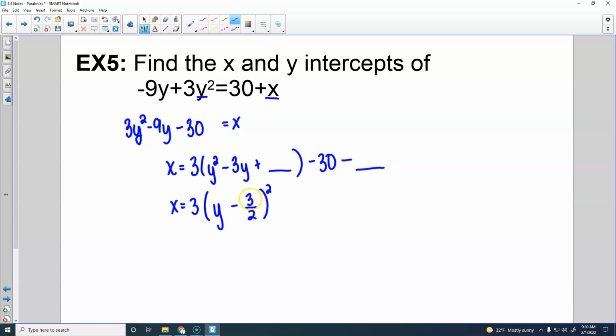And the reason I'm using fractions is because to square that, I can just square the top, get 9, square the bottom, you get 4. And then I have to take 9/4 and multiply it by 3 to get the number that I add over here, which is going to give me 27 over 4.